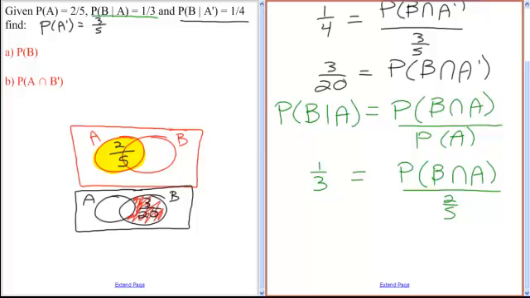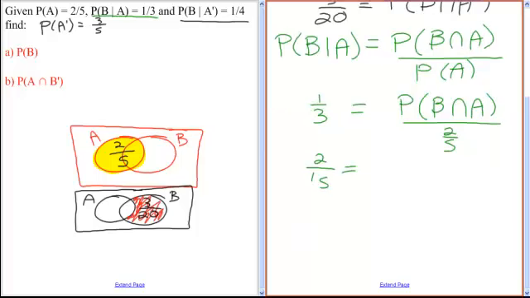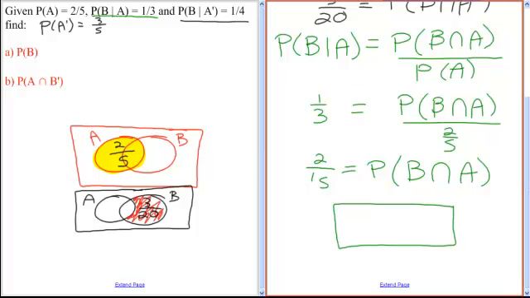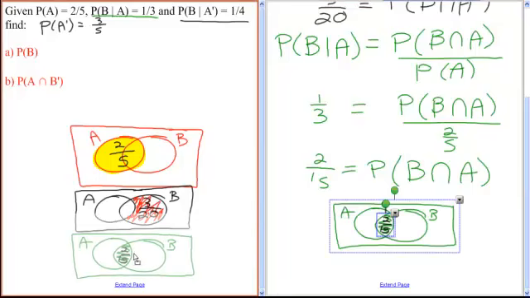It's dividing by 2/5, so I'm going to multiply both sides by 2/5. So therefore I get 2/15 equals the probability of B intersecting with A. New diagram. A, B. I'm finding now where they intersect. These two intersect here in the middle, which makes this piece 2/15. So now I'll move this over here.